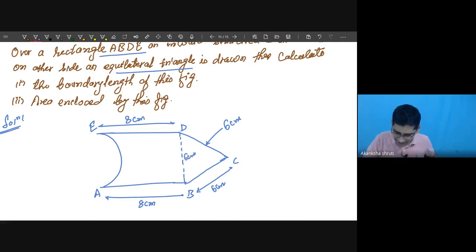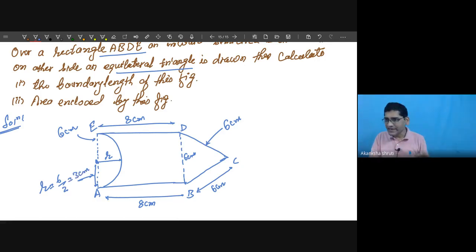It simply means the diameter of this semicircle is how much, students? It's also 6 centimeter. This entire length is 6 centimeter. If we consider the radius r, this r and this r are the same. So r is equals to 6 by 2 is equals to 3 centimeter.